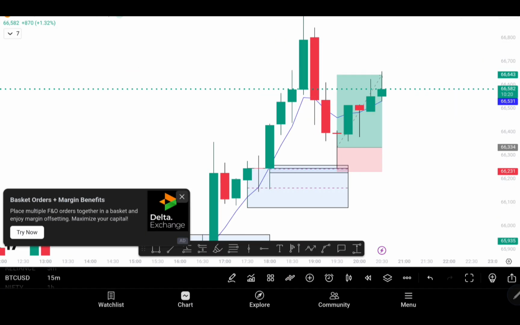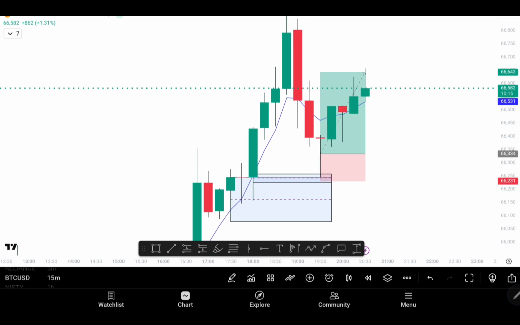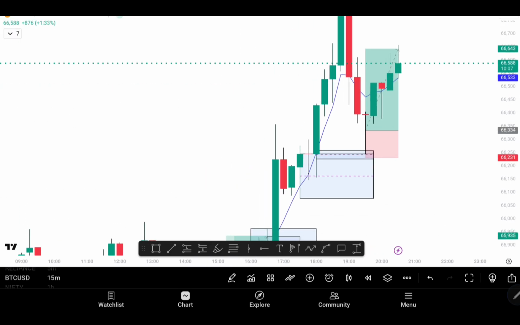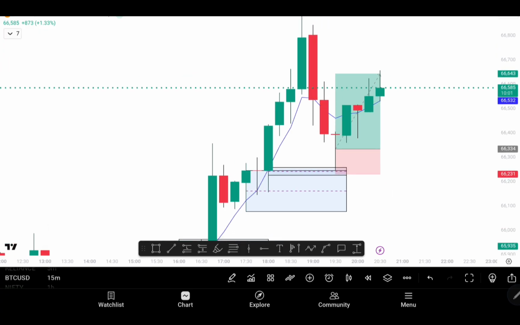Okay. Oh no, sorry. So 15 minutes is our higher time frame here, and we consider these as base candles. There are two base candles in this zone, two exciting candles. These concepts I will discuss later, but still two base candles in this zone.